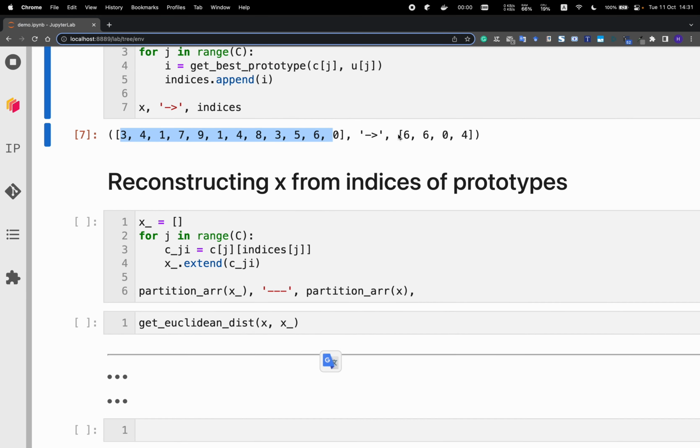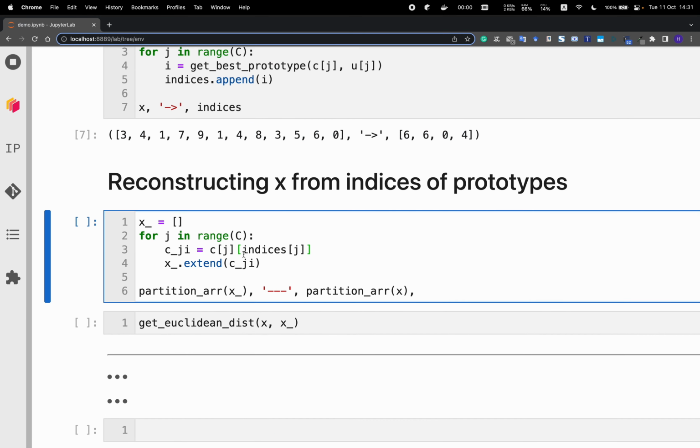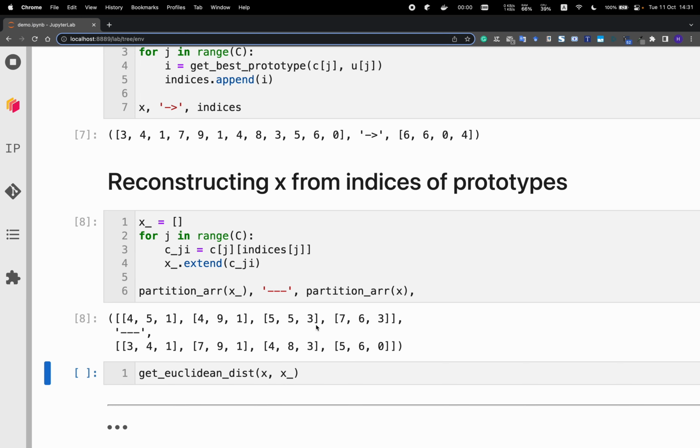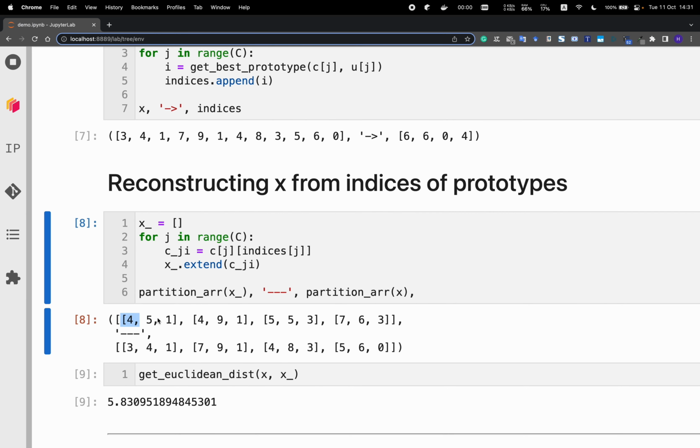Using these four indices, we can approximately reconstruct the original data X. As we can see, the Euclidean distance between the original data and the approximation is approximately 6. It is not the best approximation in the world, because we're not learning anything. We're using random vectors to approximate the original subspaces.